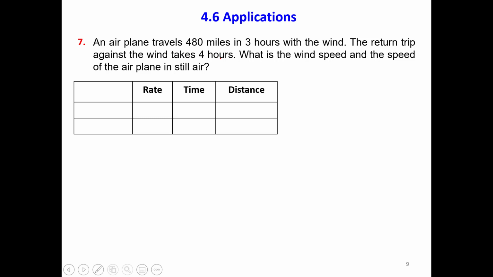We want to know what is the wind speed and the speed of the airplane in still air, the speed of the airplane without wind. This is what we want to find.